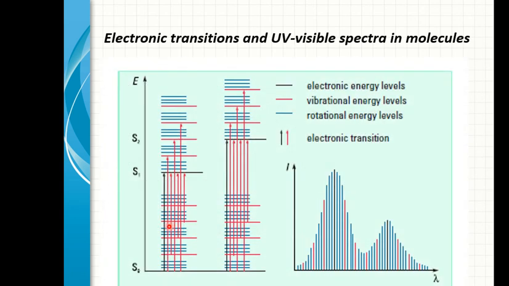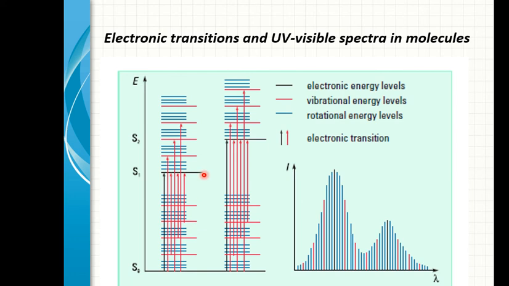So this is the lowest electronic level. This is the high electronic level. This is vibrational energy levels, and the blue is rotational energy level.